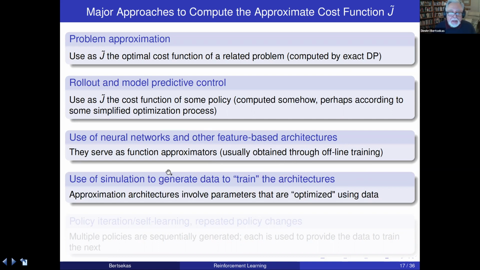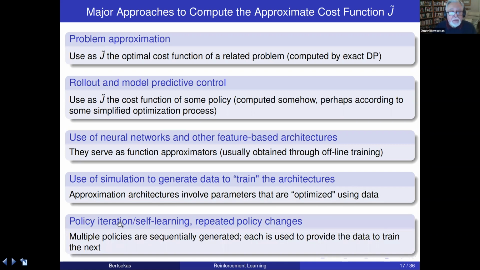Okay, another idea is to use simulation to collect the data to train the various architectures. And various optimization algorithms can be used, gradient descent methods, regression, least squares, whatever. There's a large number of those, and we're going to cover at some point the principal methods.